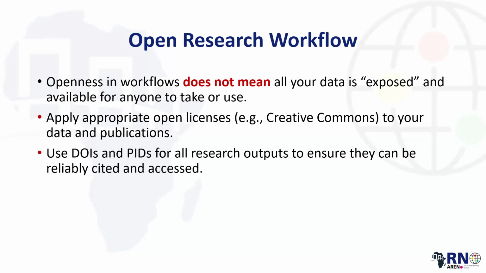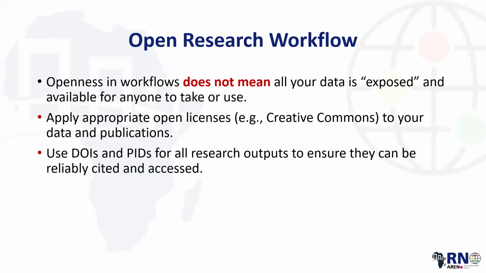It's important. And then make sure you use DOIs or PIDs for all research outputs to ensure they can be reliably cited and accessed. The fact that something is online doesn't mean it's easily accessible. One of the things open access has been doing is digital object identifiers or persistent identifiers. This helps a document or anything online to be easily accessed based on a unique ID.